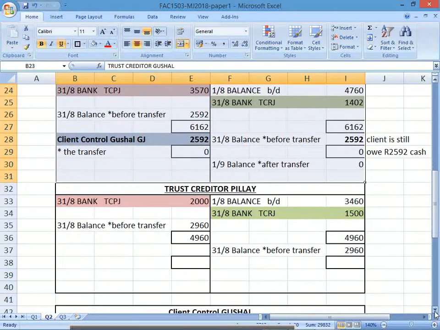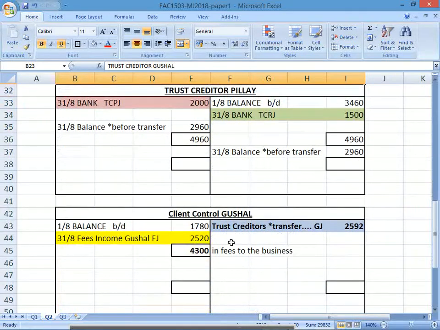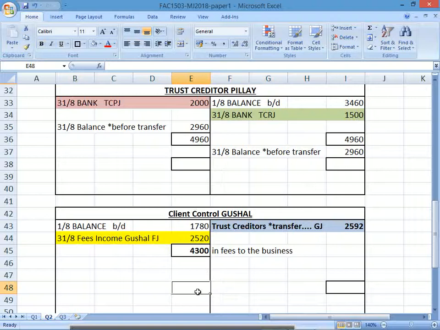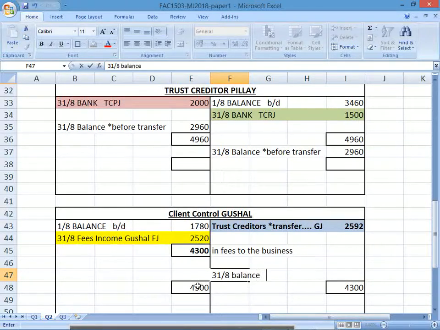And then you still have a control account for him. So does he still owe us? Yes, he does. Which side's bigger? This side's bigger. So then you would have 31st of the 8th, balance carried down, 1st of the 9th, balance brought down.